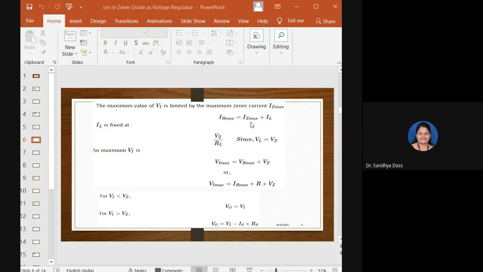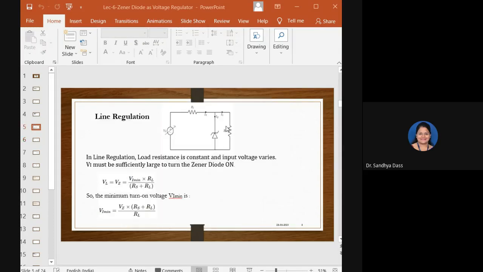So that is written here. IR max will be equal to Iz max plus IL. We know that IL is fixed. Why will IL be fixed? Because according to the condition of line regulation, the load will be fixed. So when RL is fixed, IL also will be fixed.